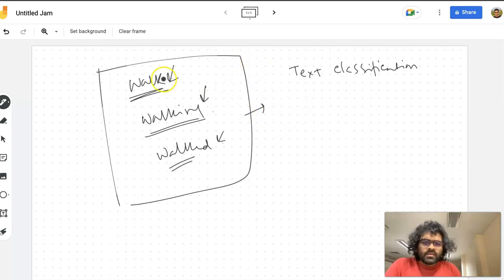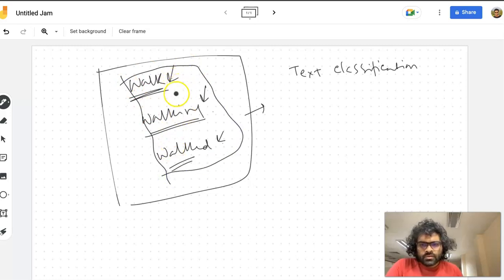This text contains multiple words, and suppose these are some of them. If you think carefully, working, worked, all these things express a similar kind of meaning. The tense difference is there, but the inherent meaning is the same. So why not just pass work for all these three?